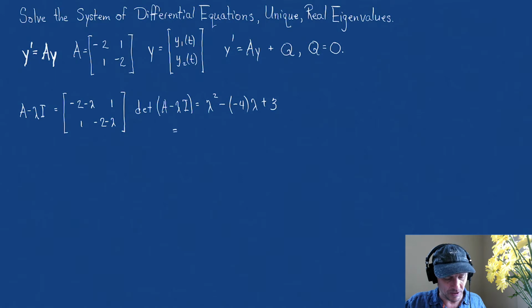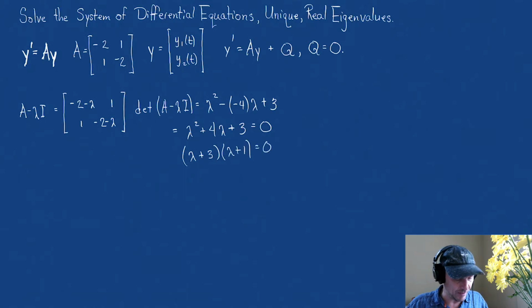And so we're solving lambda squared plus 4 lambda plus 3 equals 0. That's going to factor into lambda plus 3 times lambda plus 1 equals 0. And so there we have our eigenvalues. Lambda 1 is minus 1, and lambda 2 is minus 3.